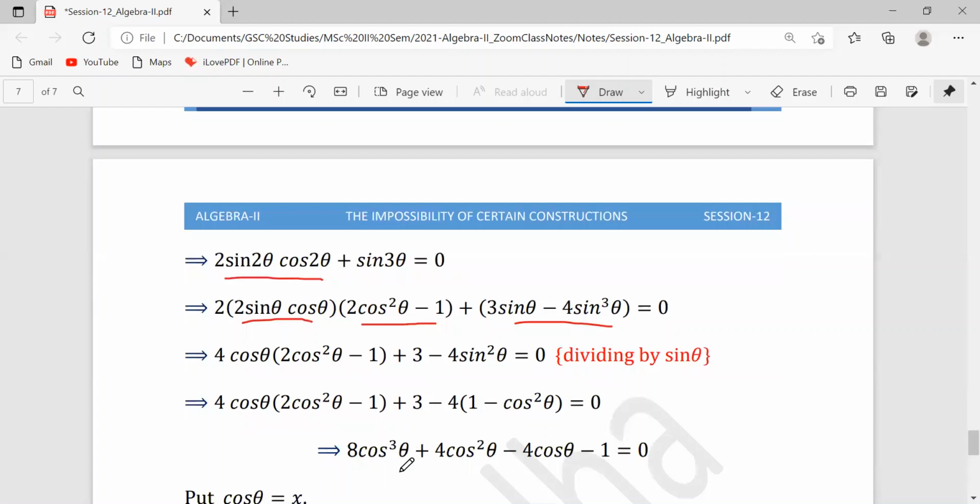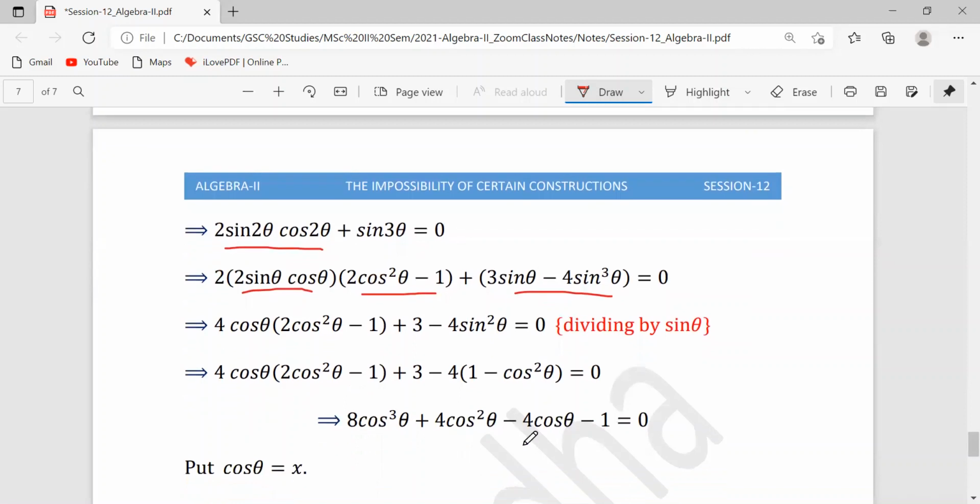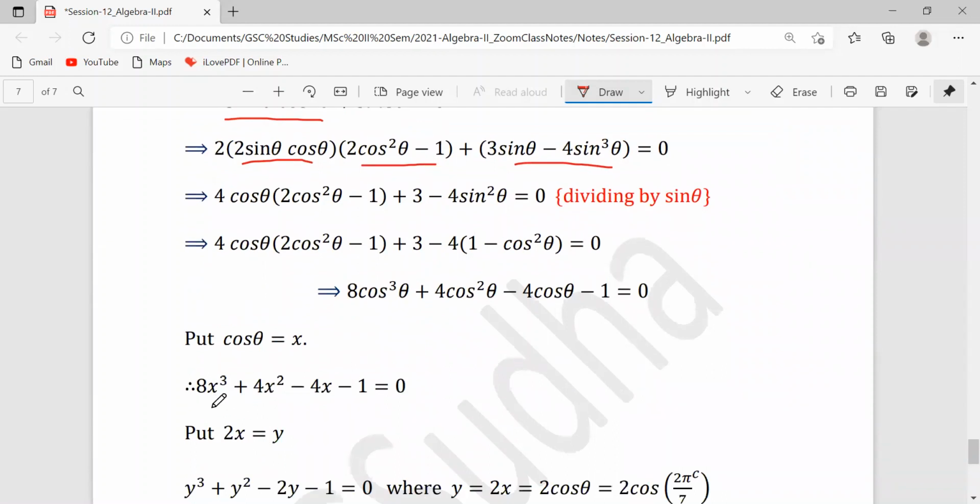On simplification, we get 8 cos cube theta plus 4 cos square theta minus 4 cos theta minus 1 equal to 0. Let us convert this into an algebraic expression by putting cos theta equal to x. So we get 8x cubed plus 4x square minus 4x minus 1 equal to 0.